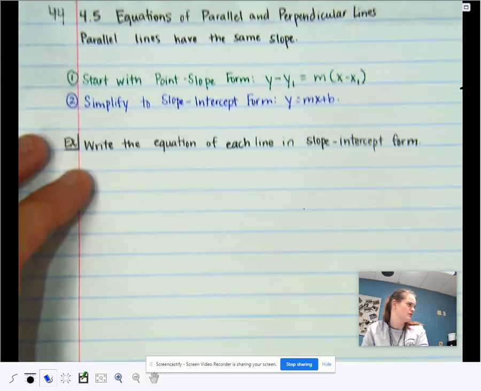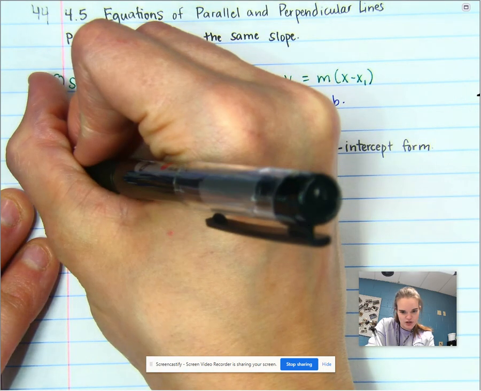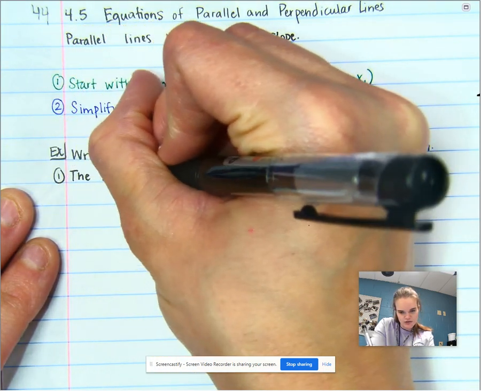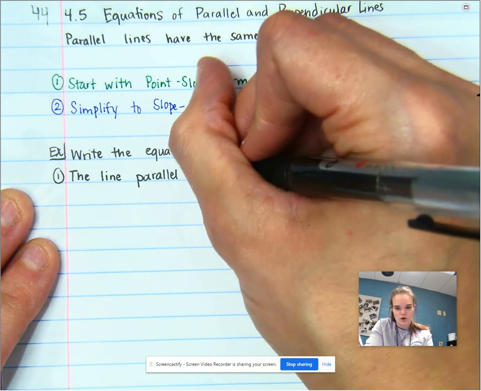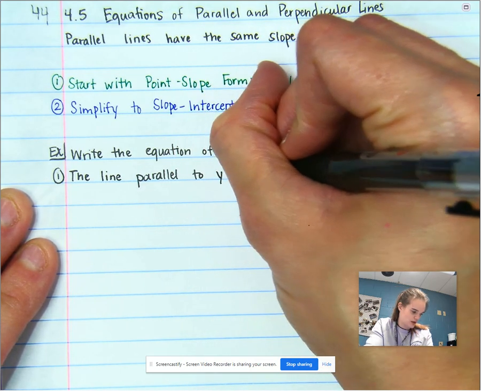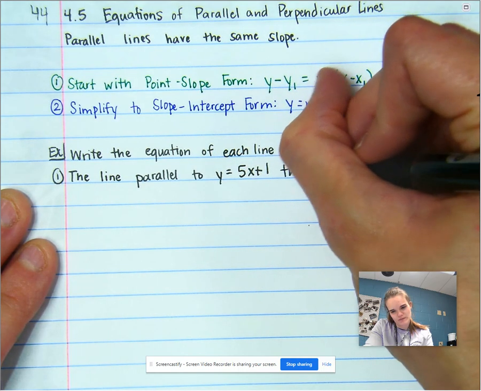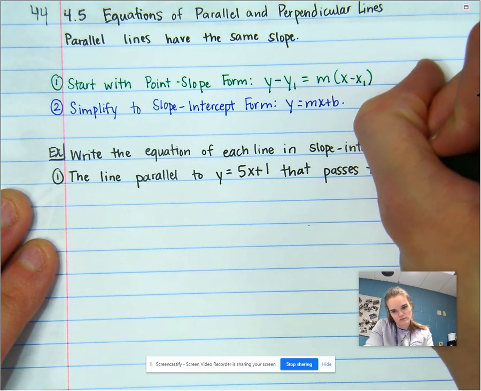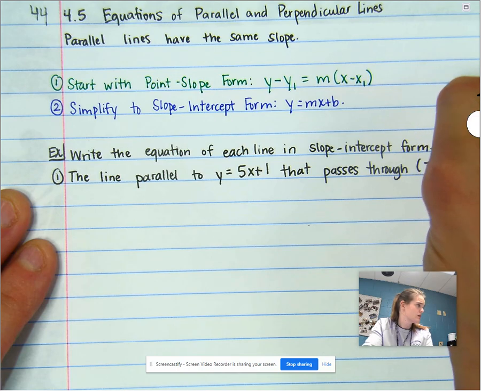Okay, so number 1, we are going to write the equation of the line parallel to the line y equals 5x plus 1 that passes through the point -1, 2.